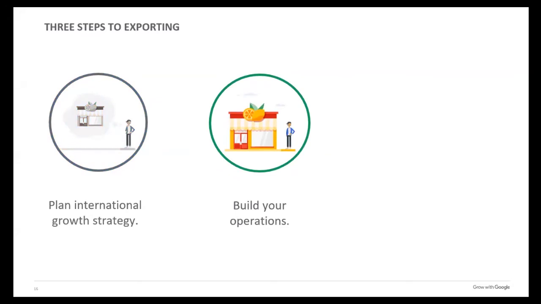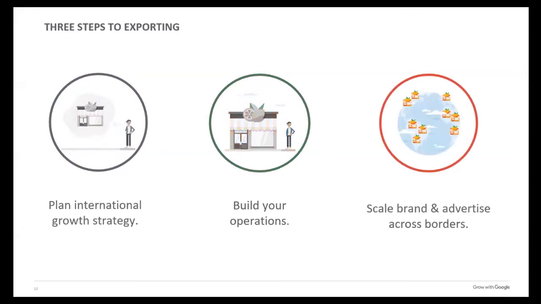And if you're like 61% of exporters, you'd like some specific knowledge and support about how you should go about doing that. Finally, you need a solid marketing strategy to help you scale your brand and expand across borders. With this in mind, what we'll do next is explore all 3 of these steps and go over some tools that can help you to succeed or at least make the correct starting decisions at each.